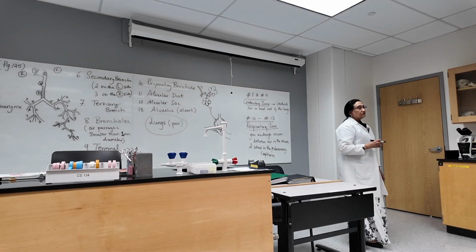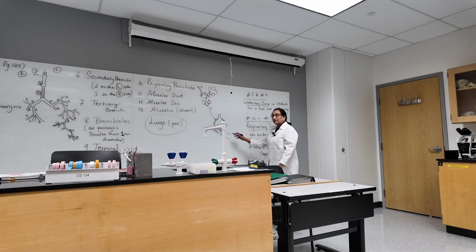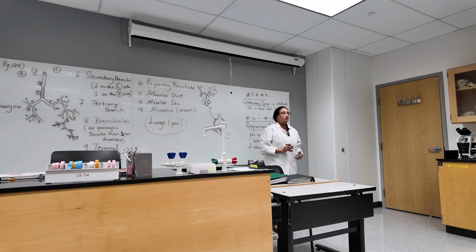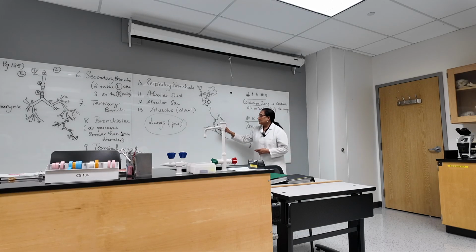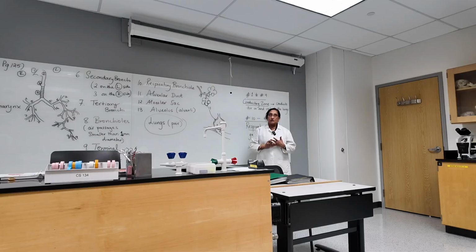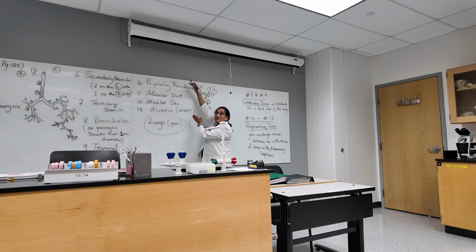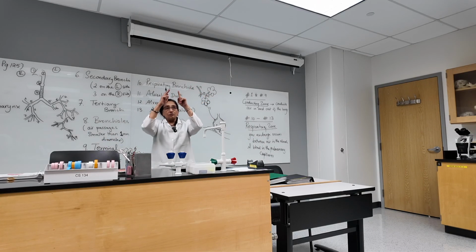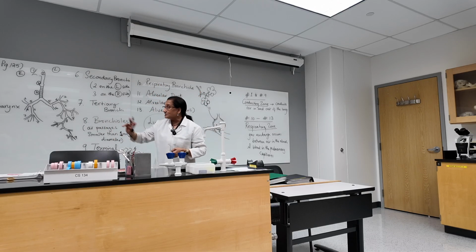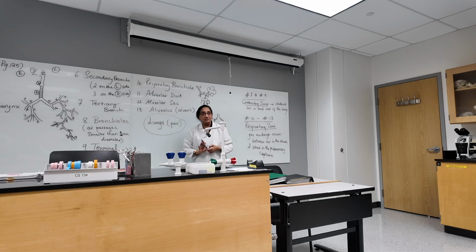Movement of oxygen from the air sac into the blood and movement of carbon dioxide out of the blood into the air sac, and then you breathe it out. So this actual gas exchange is only going to take place in this last part. All the remaining structures only allow the air to come in and go out. No gas exchange occurs in any of these places.